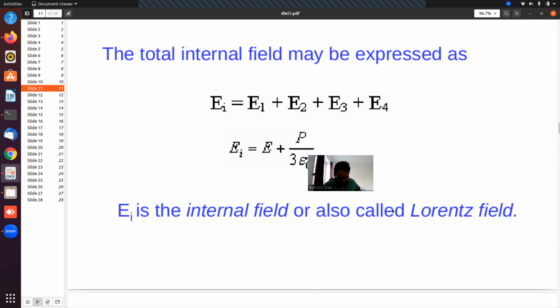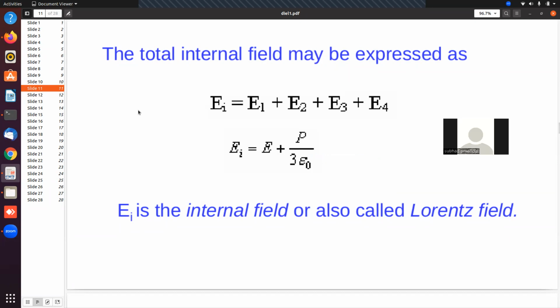This is the main groundbreaking work in that dielectric, because without that we have no idea. In a few slides I will explain why this idea is so important. If we have no idea of the local field, we could not connect the response with the external field.